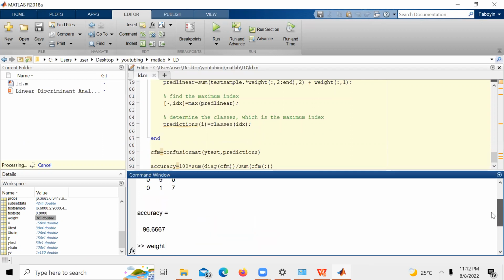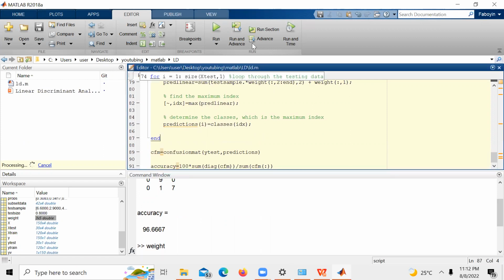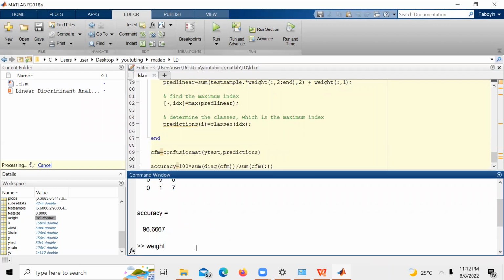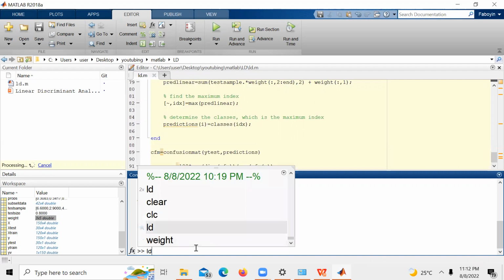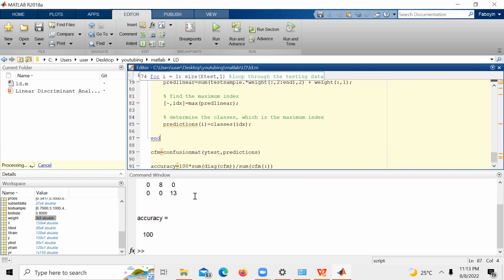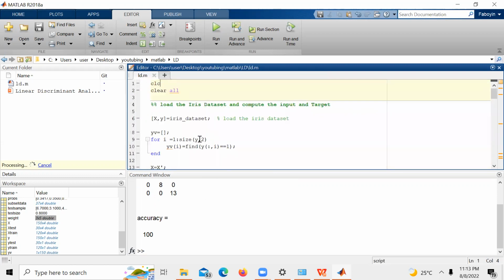You can see that we have a very good accuracy, which is 96.67. If I run again, I might even get something much better. So this is how we perform linear discriminant analysis. You can see we get better accuracy, which is 100. Machine learning is very interesting.